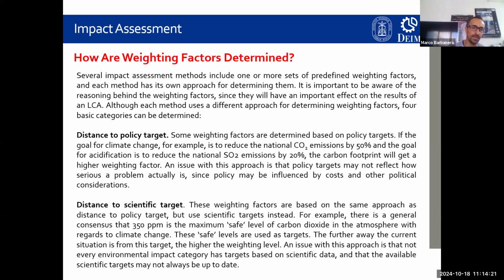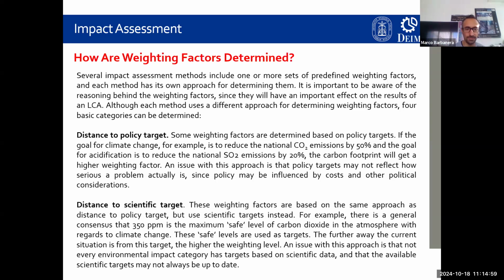Instead, if the environmental situation for this kind of impact is more critical, and so, I don't know, the concentration of CO2 in the atmosphere is higher than the target, in this case, the weighting factor for the climate change impact category will be high.